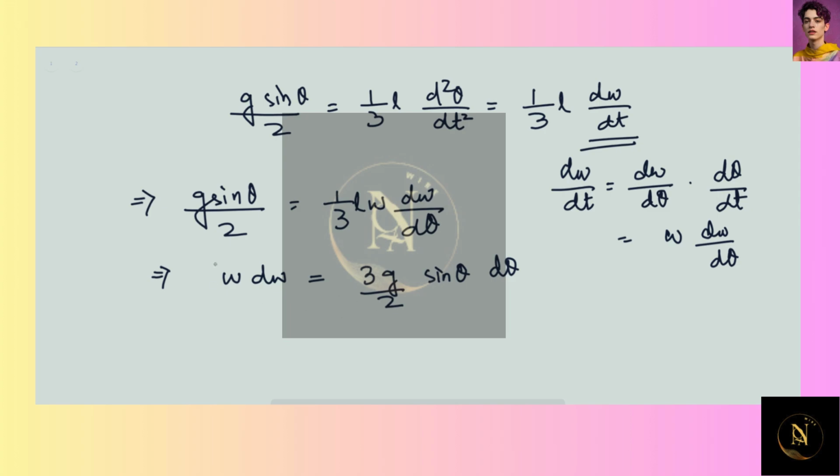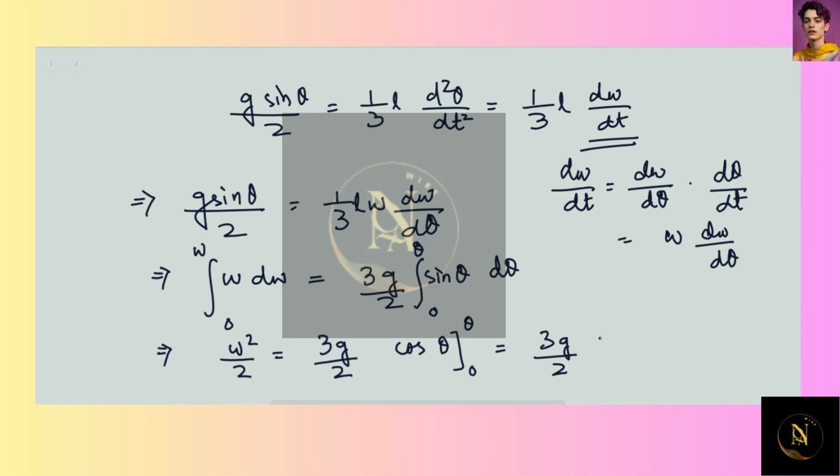This part is a constant, so we integrate both sides. This goes from 0 to omega, and this goes from 0 to theta. Therefore, omega squared over 2 is equal to 3g over 2, and the integration of sine theta gives cos theta, with limits from 0 to theta. So this is equal to cos theta minus 1.